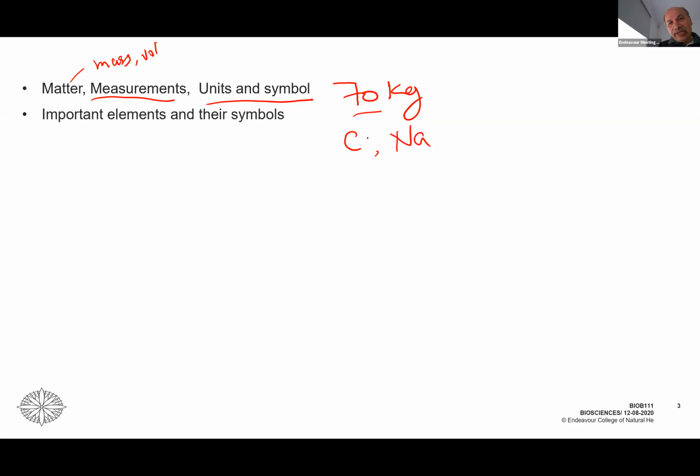If it is a two letter, the first letter is a capital letter and the second letter is a small letter. Same way, Cl for chlorine. I will pull out the periodic table and show you which elements and symbols that you need to know.